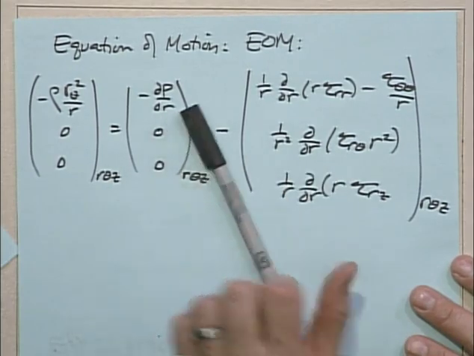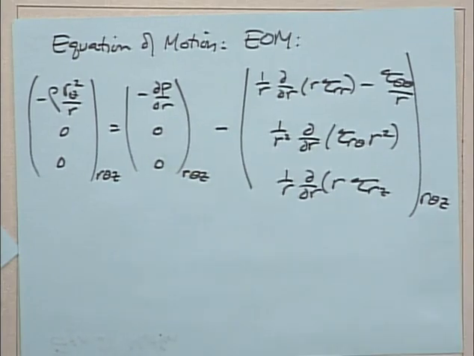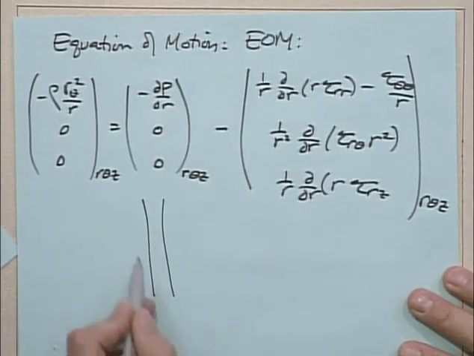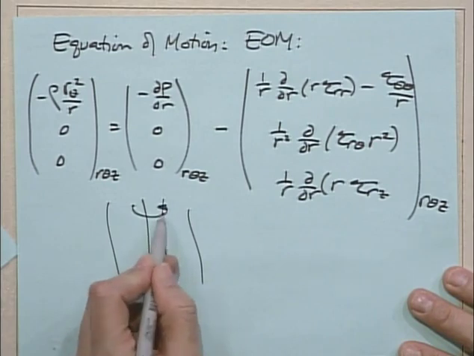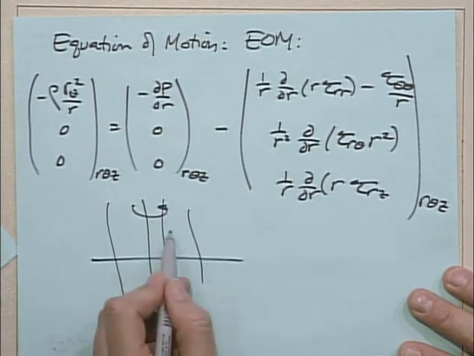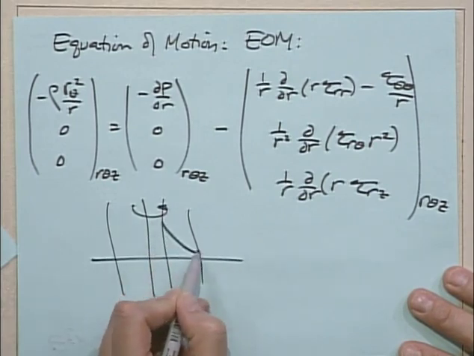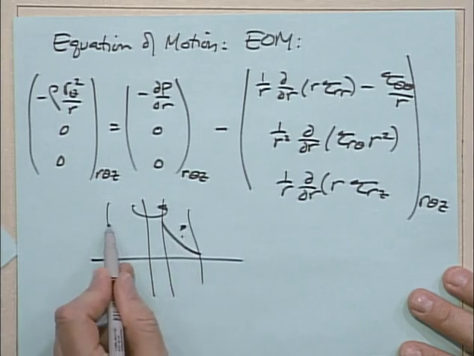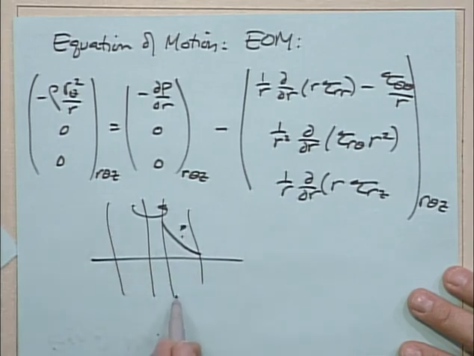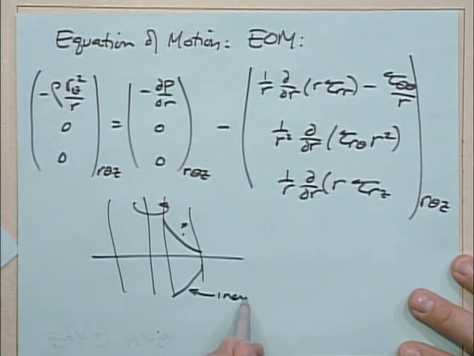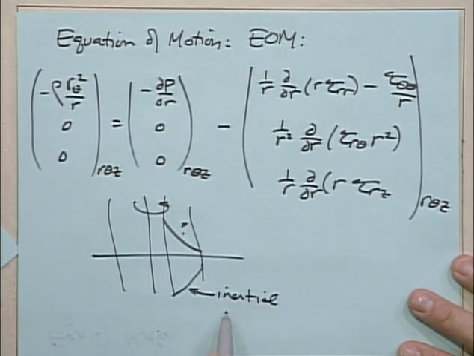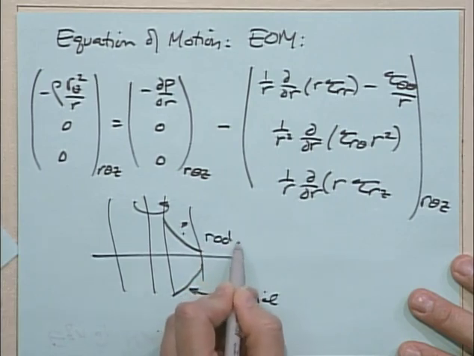We're asking about the pressure. We're asking, as I turn this rod, will the pressure variation go up and then down, or down and then up? This would be the inertial effect. This would be rod climbing.